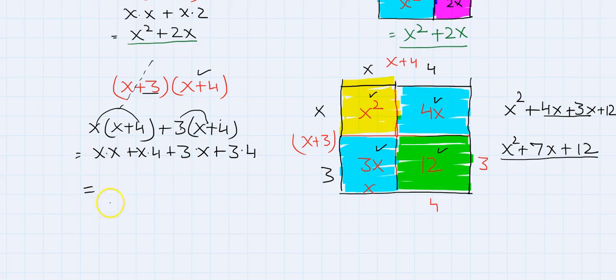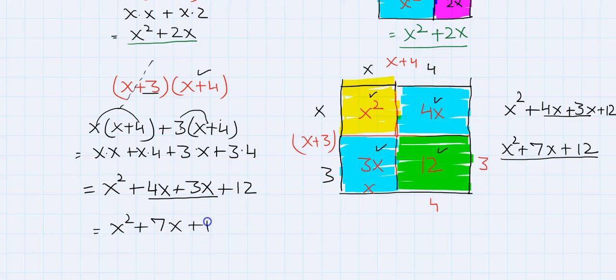So we can see x multiplied by x is x square. x multiplied by 4 is generally 4 multiplied by x, or x multiplied by any number we write as 4x. This is plus 3x. 3x means 3 multiplied by x, plus 12. Now here we have 4x and 3x like terms, so we are going to add them. So that is x square plus 7x plus 12.